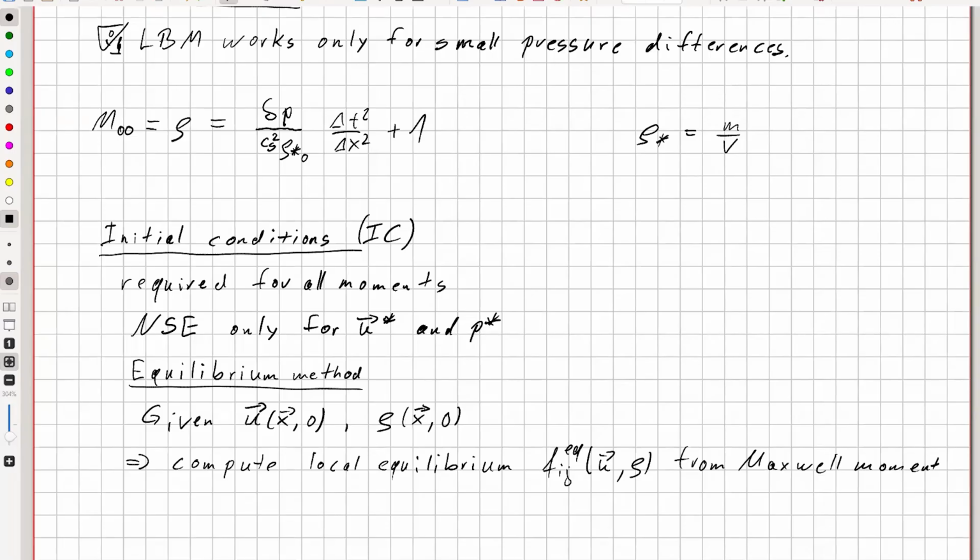You should usually use the one that you use in your code. That's a little bit more consistent.